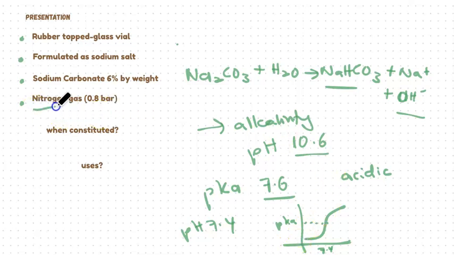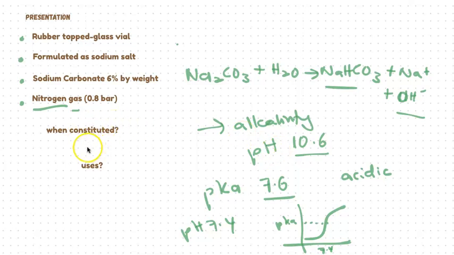And the nitrogen gas is also important in this respect because if we use air, there is carbon dioxide in it, which can react with water to make the solution more acidic and reduce the pH, resulting in less unionization of the compound.